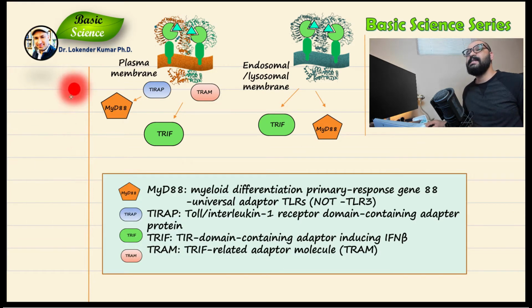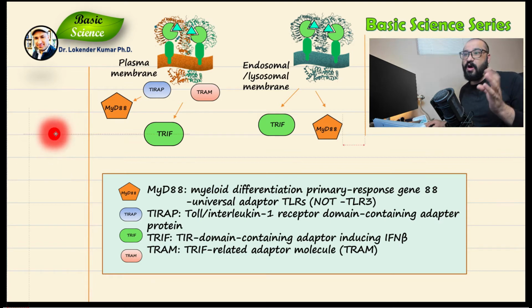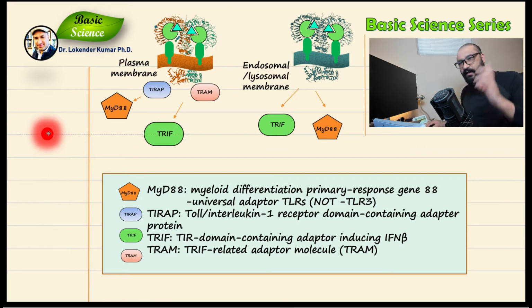Now you can see the protein that is initially involved in activation, MYD88. Here I want you to understand that there are two pathways initiated after the activation of toll-like receptor 4. One is the MYD88-dependent pathway, and the second one is the TRIF-dependent pathway. I will explain what molecules are involved in these two different pathways.